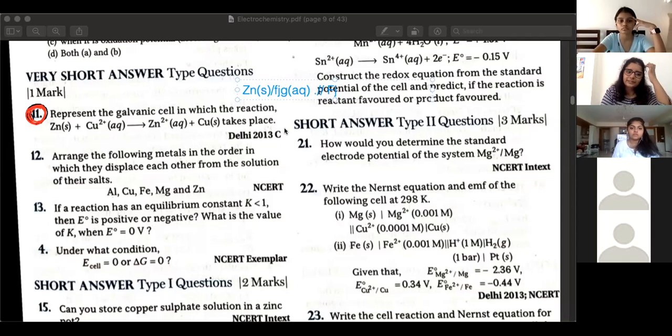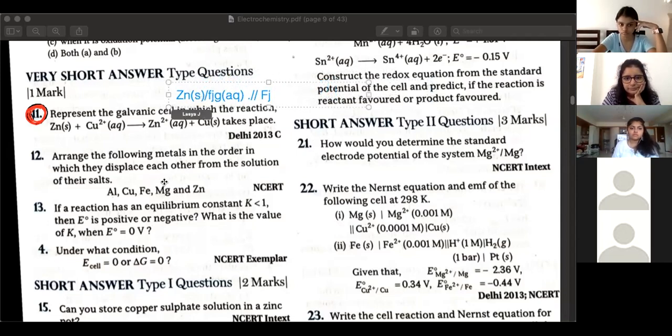Yeah. So Diti and Mitali have sent it. So Ansh and Shantanu. And Mitali and Riti, you guys look at question number 13.